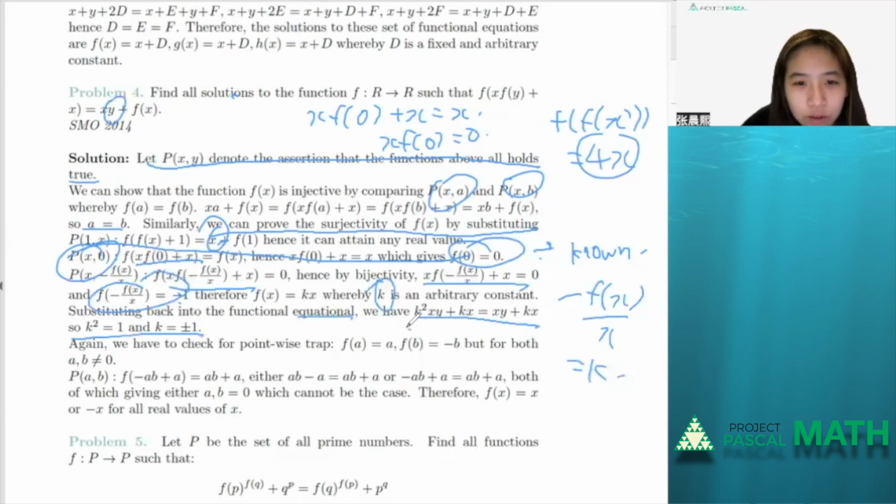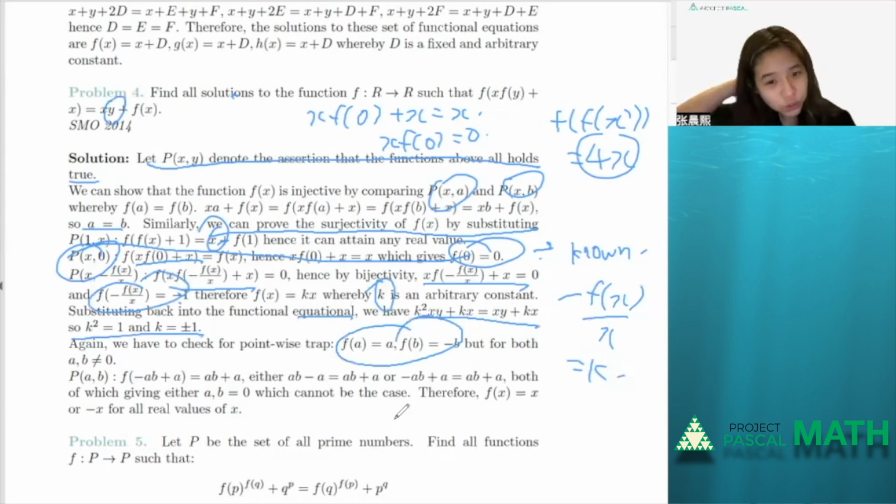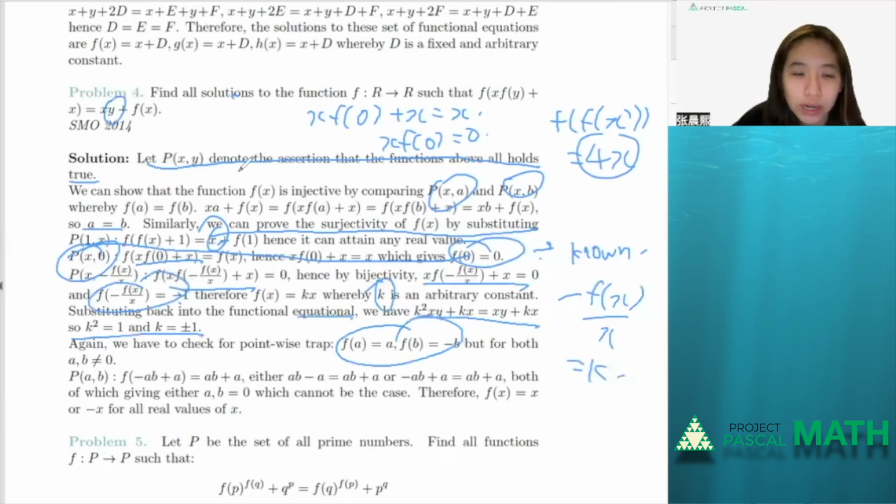And again, you do have to check for the pointwise trap. But this one is simpler than question 2, because question 2 is mainly about proving the pointwise trap that makes the question more difficult.